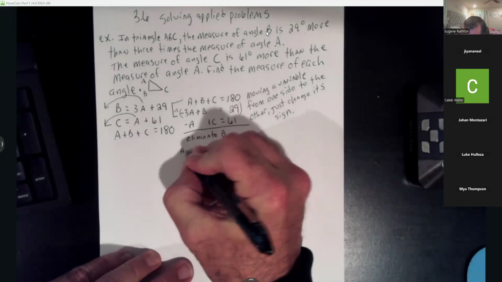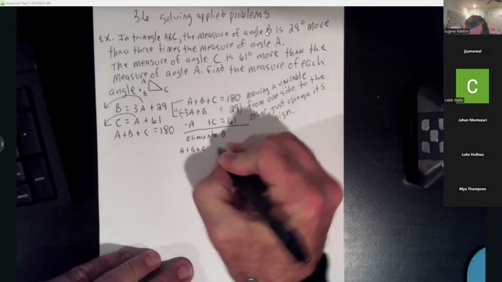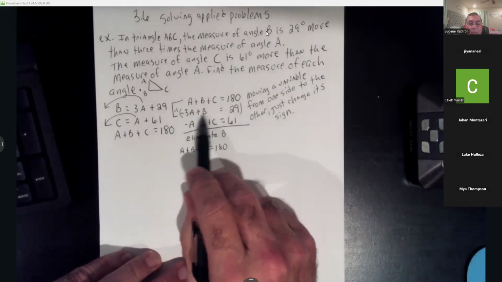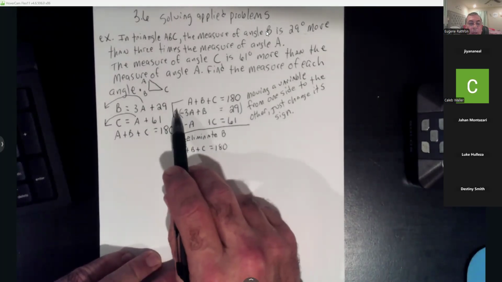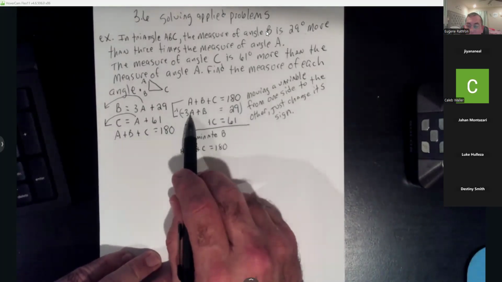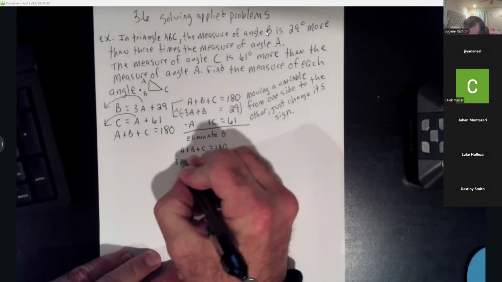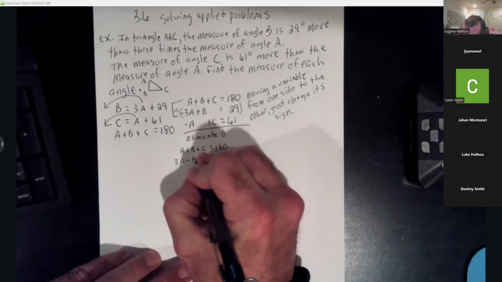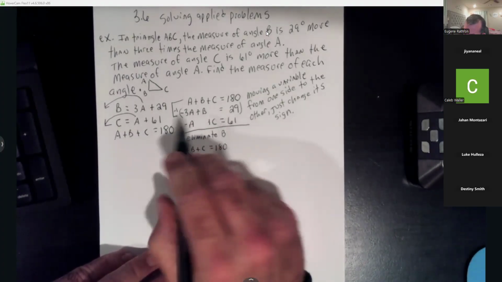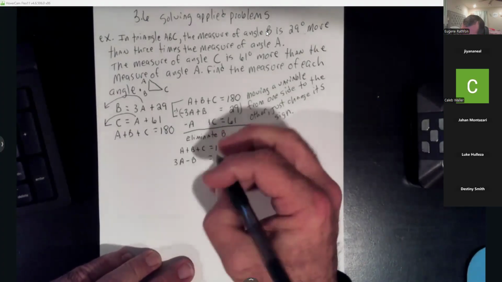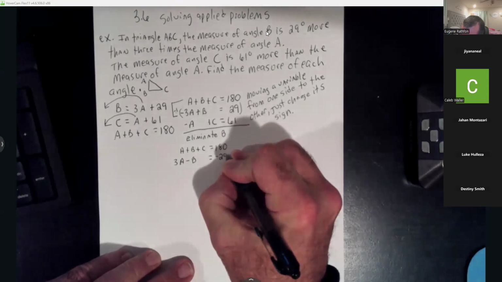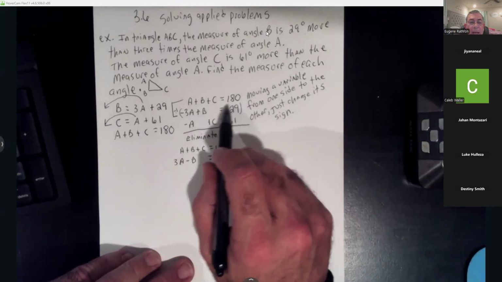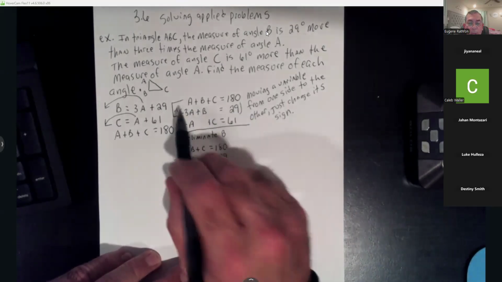That's going to be A plus B plus C equals 180. Now multiplying the second equation by -1, negative times negative makes that a positive 3A. Negative times positive makes that a negative B, and that's what I needed. And then a negative times 29 makes that a negative 29.